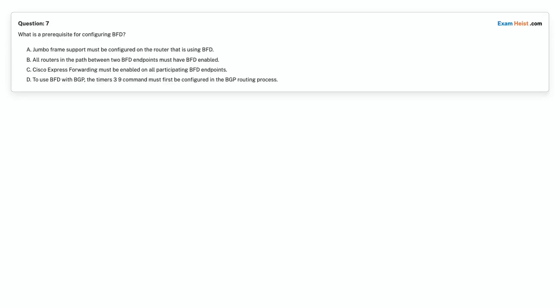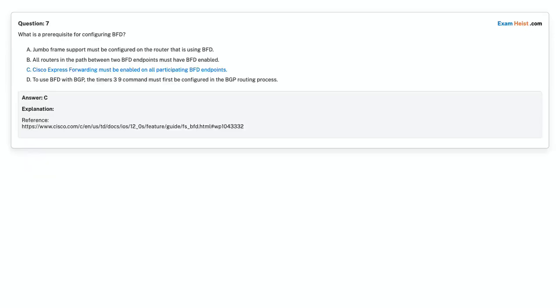Option D. To use BFD with BGP, the timers 3 9 command must first be configured in the BGP routing process. Choose the correct answer. Correct answer is Option C. Cisco Express Forwarding must be enabled on all participating BFD endpoints.